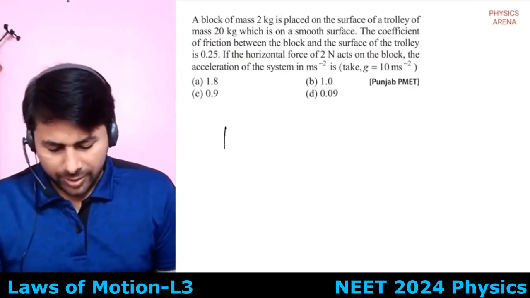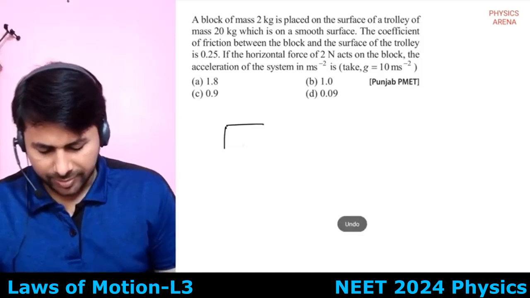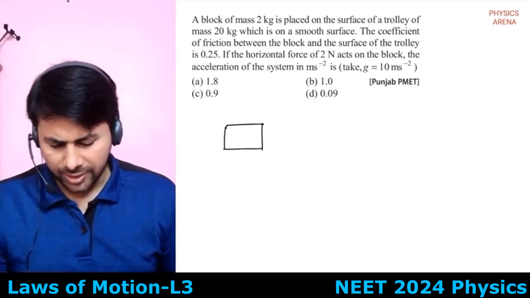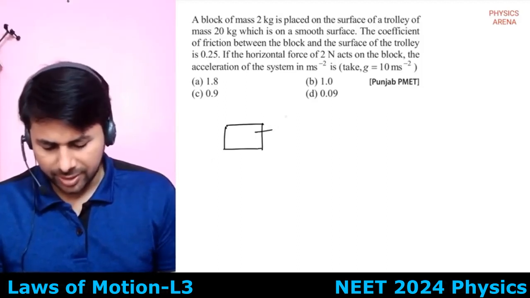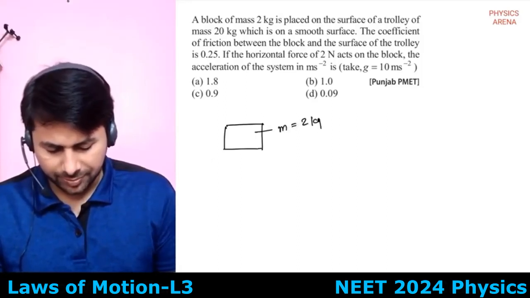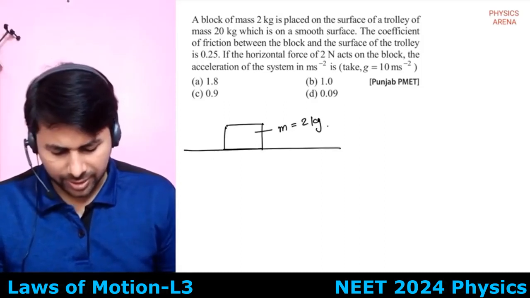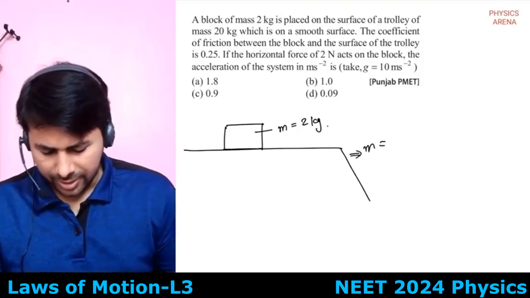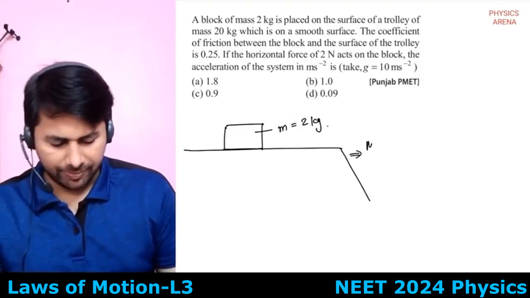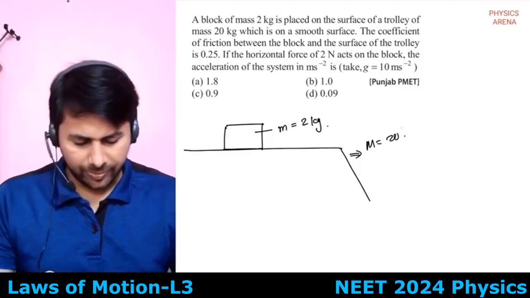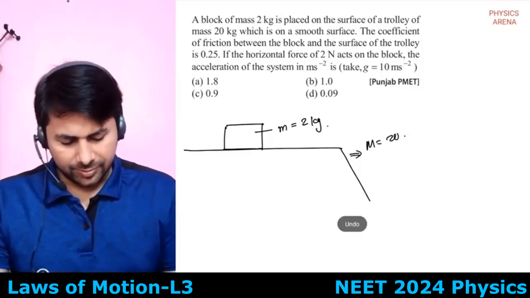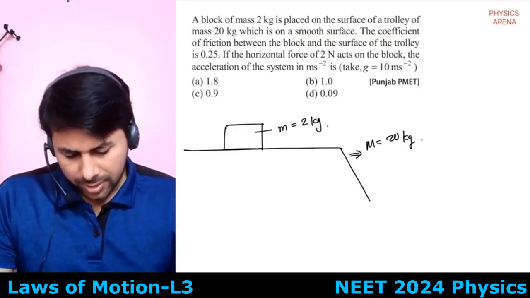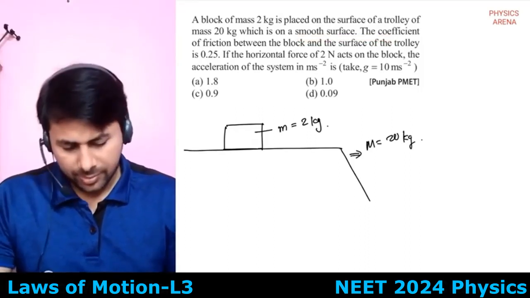Okay, so you have a block, it has got some mass, and there is a trolley of mass 20 kg. So the mass of this block is 2 kg, and there's this trolley whose mass is 20 kg, so let's call it capital M. They are on a smooth surface.